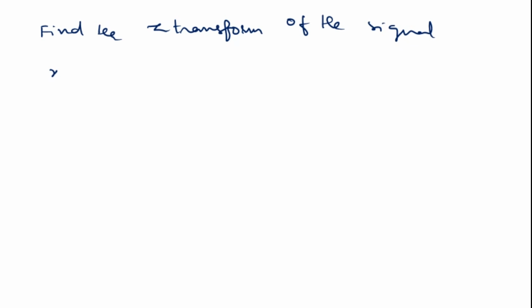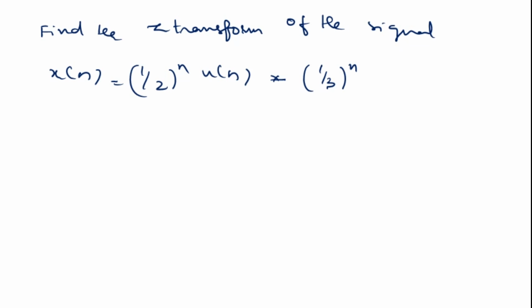Find the z transform of the signal x of n is equal to half to the power n into u of n convolution with 1 by 3 to the power n into u of n.